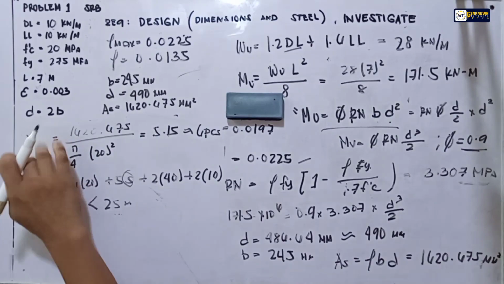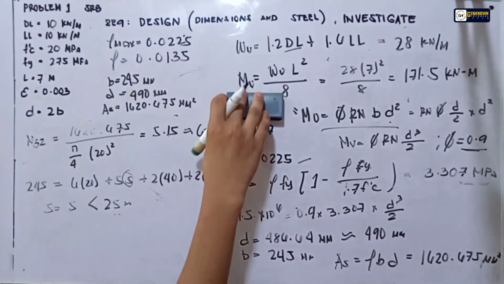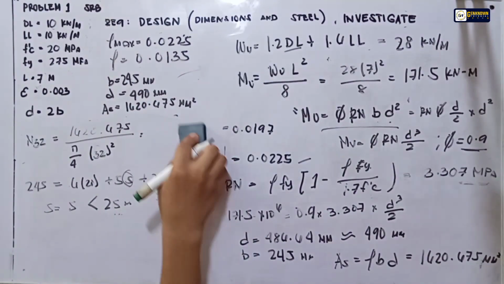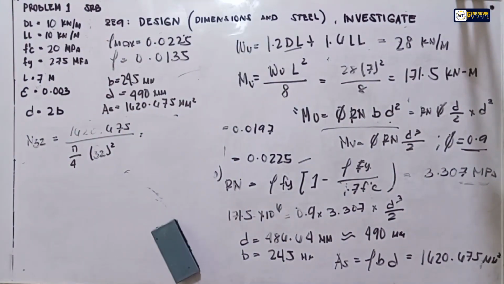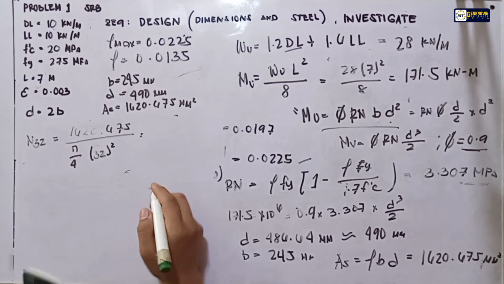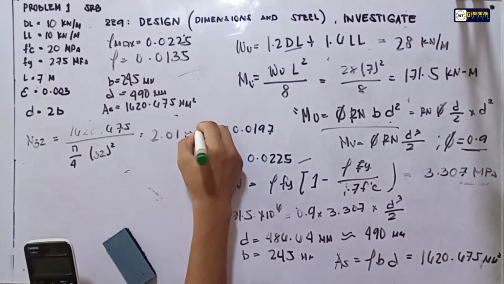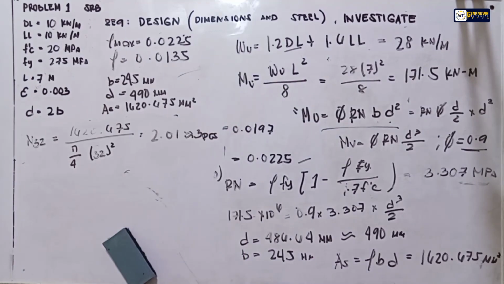So, itry natin ang 32 mm. So, ayan. 1620.675 over pi over 4 multiplied by 32 squared. Yun, we have 2.01. Sabihin natin 3 piraso.